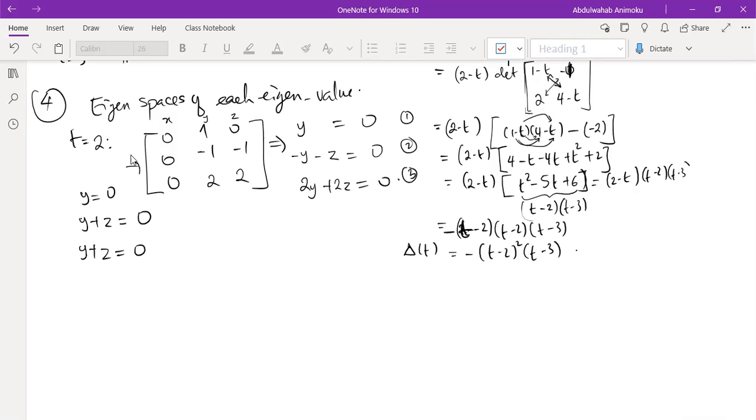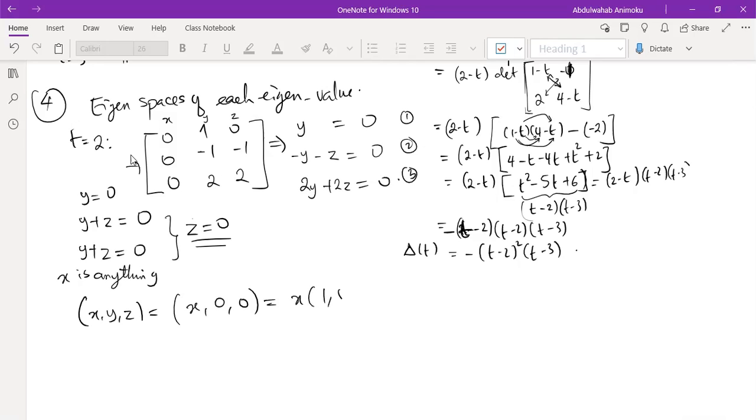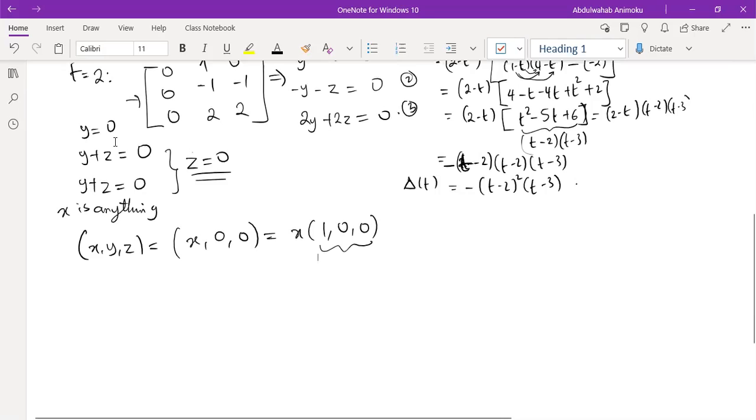Now notice that there's no condition on x, so it means x can be anything, right? So from here we got that y is 0, which means z must also be 0. So our solution set would be x can be anything, y is 0, z is 0, which means we can take x out, and this vector 1, 0, 0 will span the solution space of this eigenvalue.